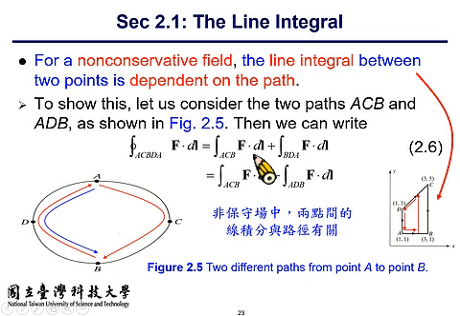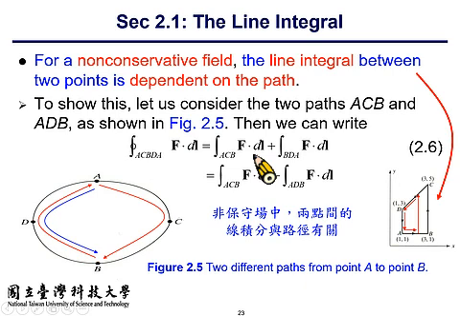All right, so a simple explanation is that say if the potential difference between A and B is fixed as 2, then if you go from A, C, B, you get a positive 2.